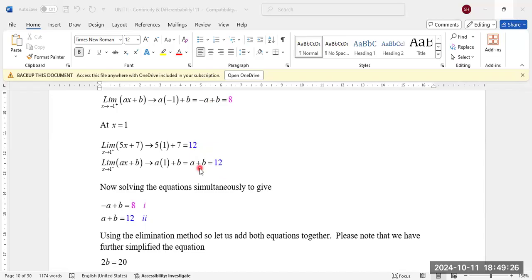Sir, it's the same thing for the first one, for 8. But sir, how do you know that 8 would be equal to 8? Because it's continuous. It has to be equal, and that's from the question.